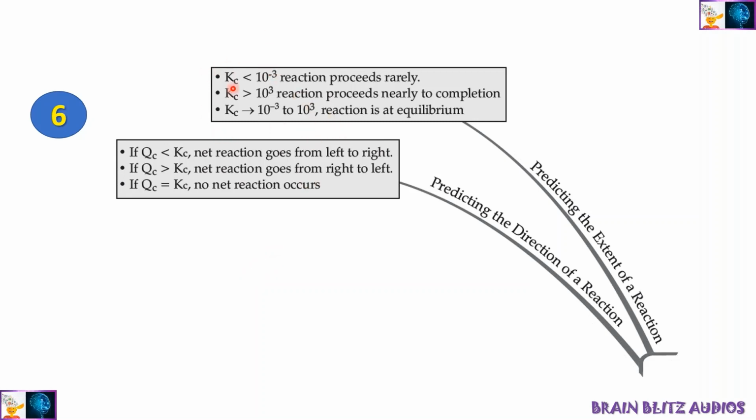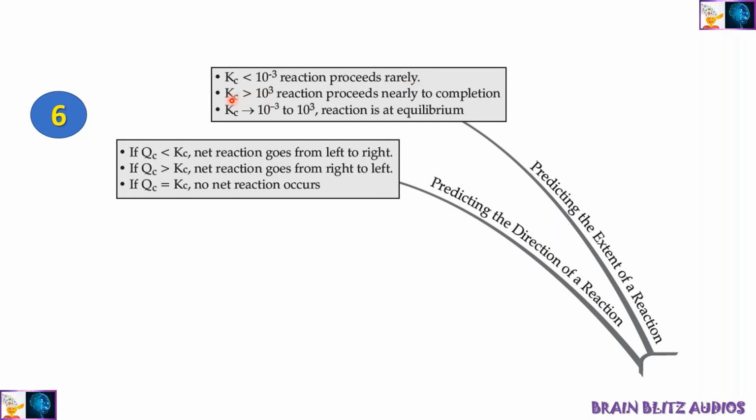If the equilibrium constant is less than the order 10 raised to minus 3, 1 by 1000, the reaction is considered to have not proceeded at all or have proceeded rarely. So that means the quantity of the reactants would be more than the quantity of the products when we reach equilibrium.